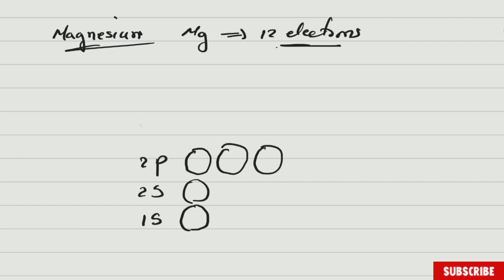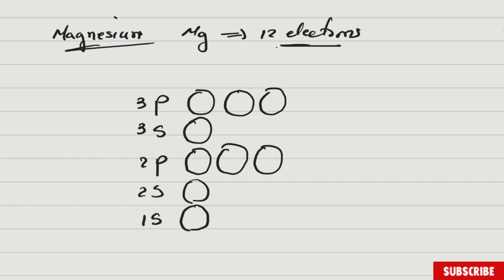Then we go to energy level 3 s with 1 circle because it's 1 orbital. Energy level 3 p, which has 3 circles. And then before we go to energy level 3d, which we don't do anyway, we go to energy level 4 orbital s, and we have to represent the 12 electrons in this specific way.